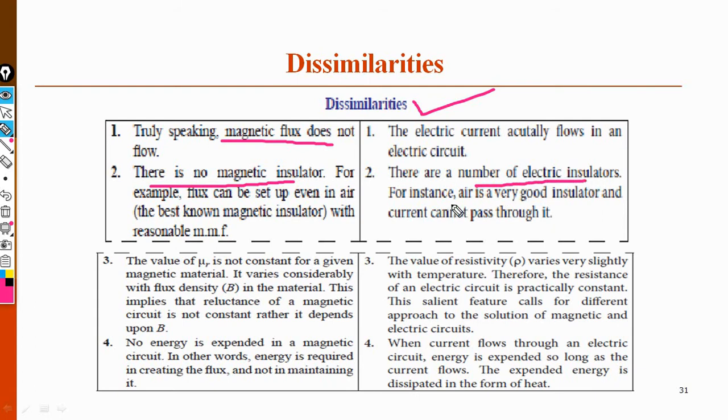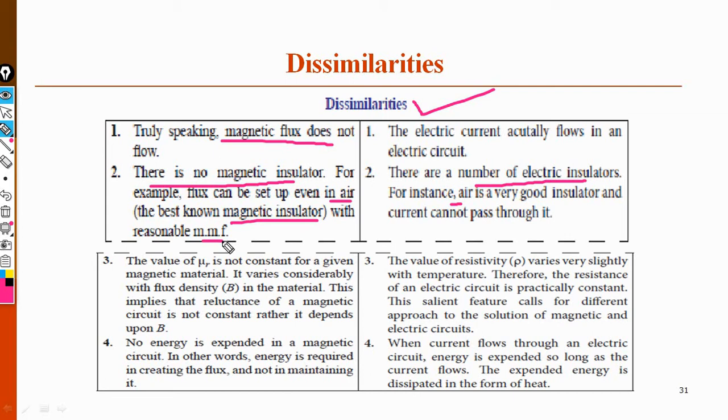For example, air is a very good electrical insulator. In the magnetic circuit, air is also used as a magnetic insulator, but this will depend on mmf. That is the exact difference between the magnetic circuit and electrical circuit.